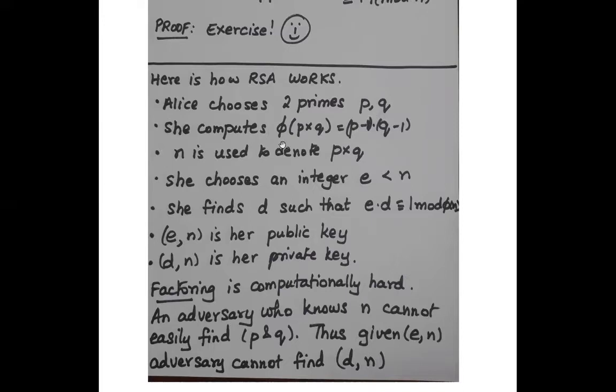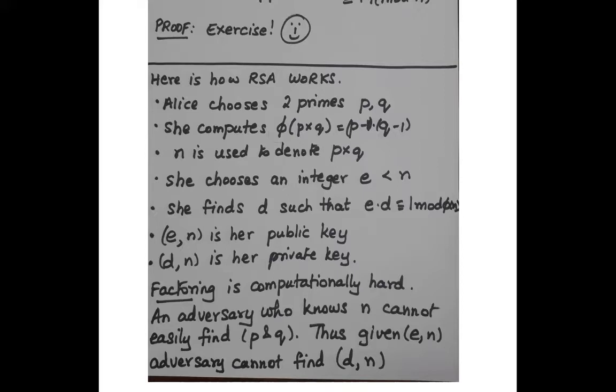So given this P and Q, she computes phi of P times Q, which is of course P minus 1 times Q minus 1, as I told you earlier. Okay, and we'll use this term N to denote P times Q. That's fairly standard. Then what she does is that she chooses an integer E that is less than N, and in fact there's a relationship: E and phi of N should actually, the GCD should be 1.